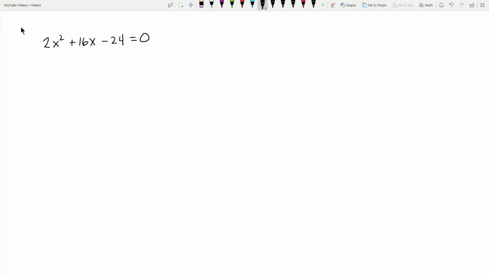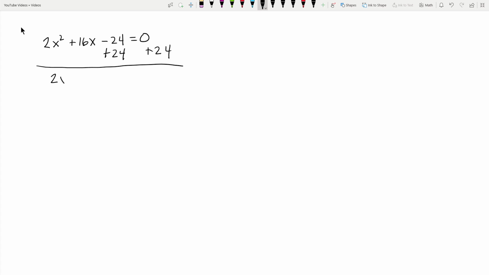All right, so this is an equation, so it's a little different than completing the square on a function. But essentially the steps are the same, but because I have an equation, I have another side that I can move stuff to. So I'm going to get my constant term out of the way by moving it over to the other side.